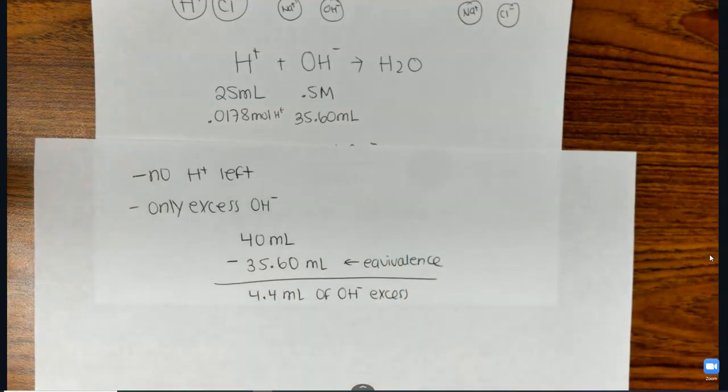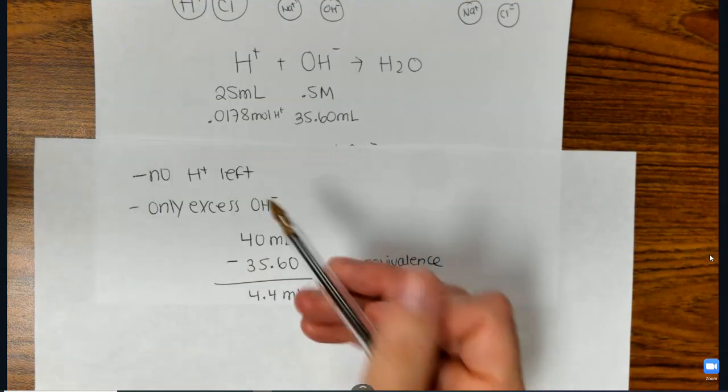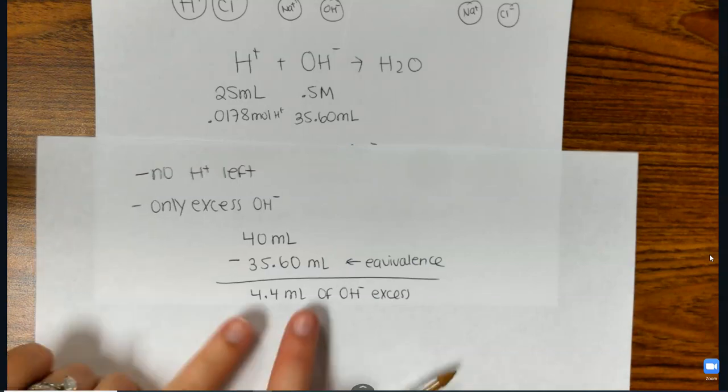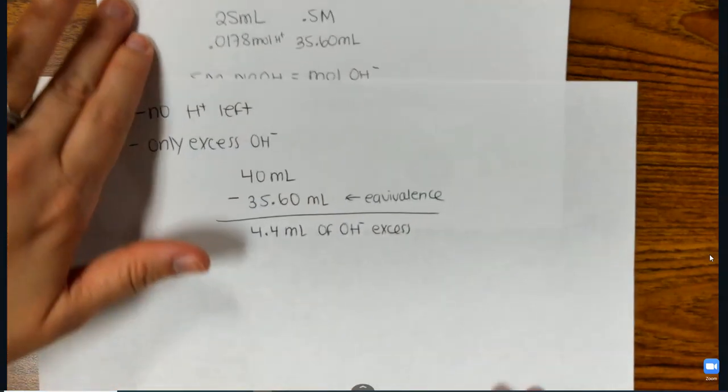Now, we can't find pH from a volume. We can't even find pH from OH. We first need to change this to moles. You always need to go into moles. So how many moles of OH was this?